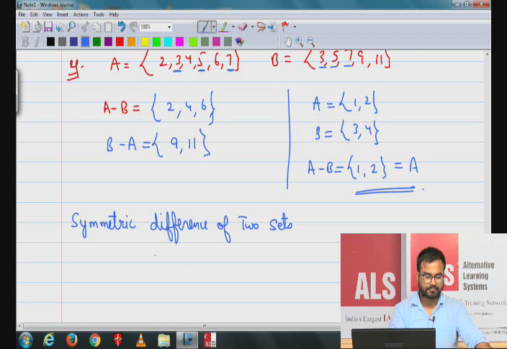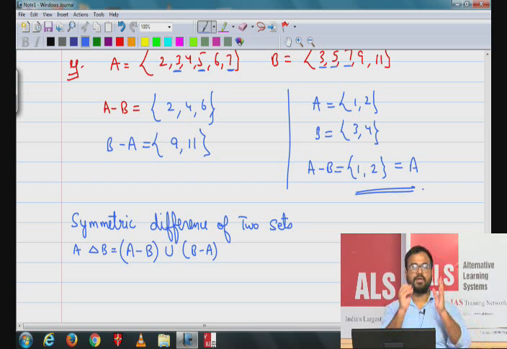Basically, the symmetric difference is given by A minus B union B minus A, and that is given by A triangle B, A delta B. The meaning of symmetric difference is that difference of A and B and difference of B and A, the union of both of them.